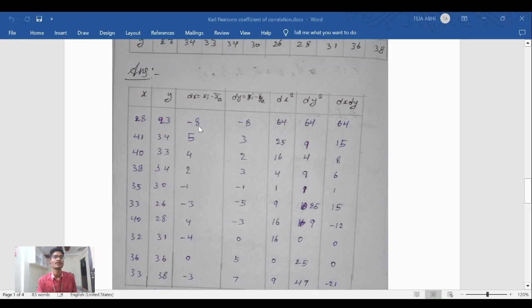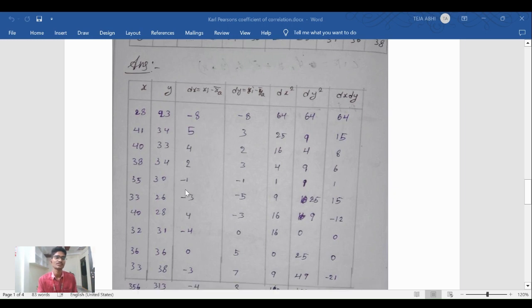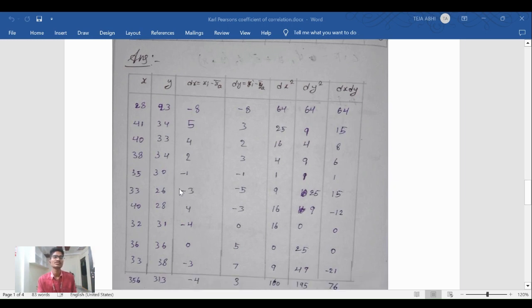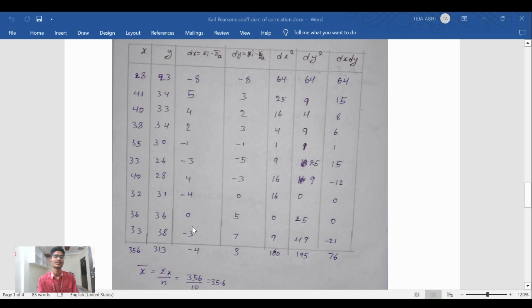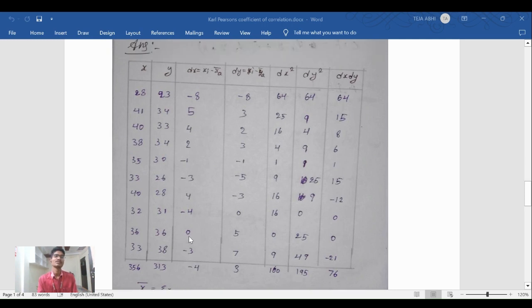So 28 minus 36 is minus 8. 41 minus 36 is 5. 40 minus 36 is 4. 38 minus 36 is 2. 35 minus 36 is minus 1. 33 minus 36 is minus 3. 34 minus 36 is minus 2. 32 minus 36 is minus 4. 36 minus 36 is 0. And 33 minus 36 is minus 3.